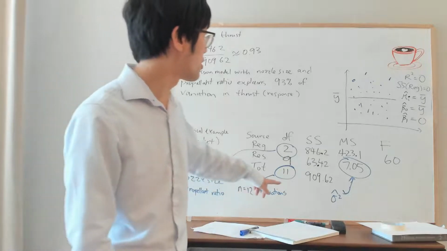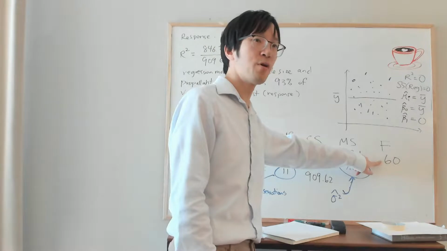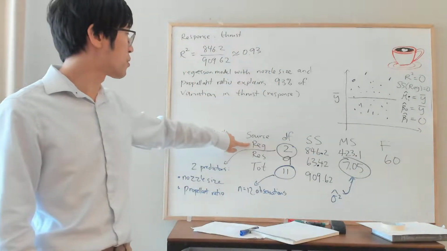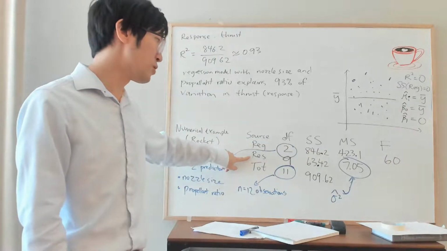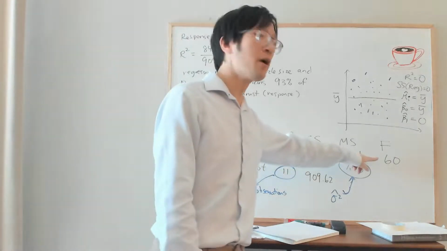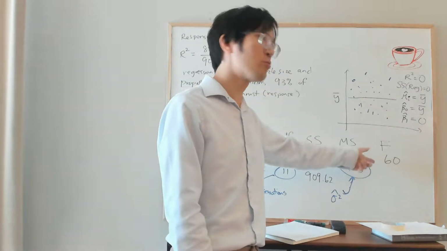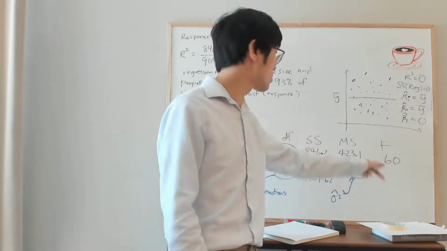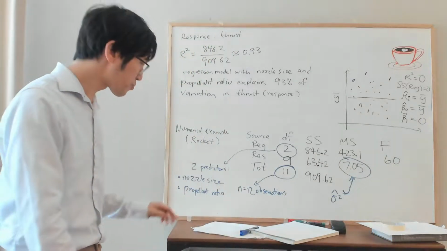And the last thing I want to point out is, after you divide through and get the mean squares and calculate this F statistic, you notice generally if the regression sum of squares is large relative to the residual, this number at the far right, the so-called F statistic, which we'll talk about more next time, is going to be large, because of the ratio of these two mean squares.